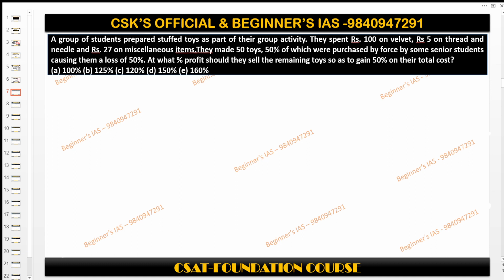They made 50 toys, 50% of which were purchased by force by some senior students, causing them a loss of 50%. At what percentage profit should they sell the remaining toys so they gain 50% on their total cost?